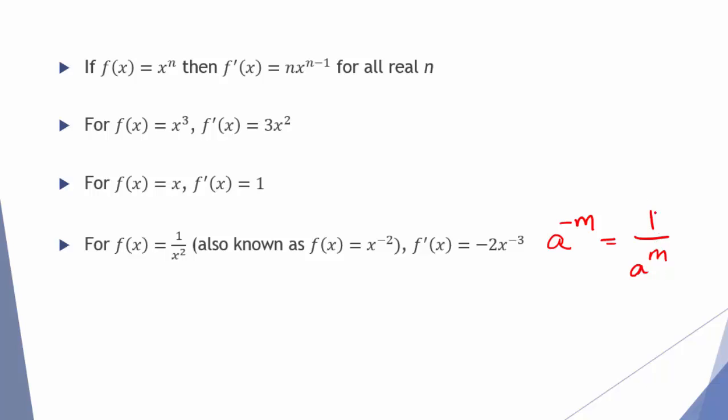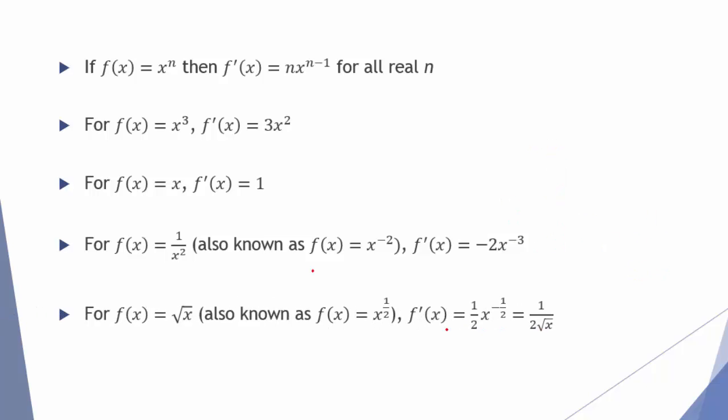I've actually just used it in the reverse order. So instead of writing this as 1 over x squared, we can write it as x raised to the negative 2 power, and then apply the power rule. Drop the negative 2 in front as a coefficient, times x raised to the negative 2 minus 1, which is negative 3. So the derivative of 1 over x squared is negative 2 over x cubed, or negative 2 times x to the negative 3.